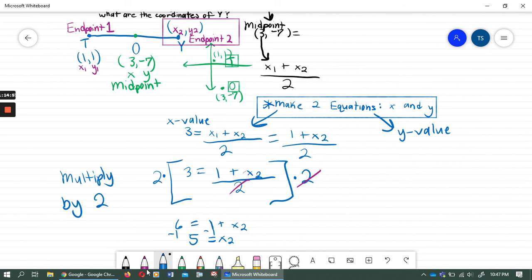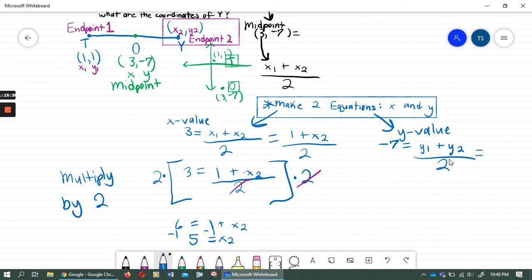All right, so again, the y value of the midpoint was -7, and folks, the part of the midpoint formula that determines that is y1 plus y2 divided by 2.